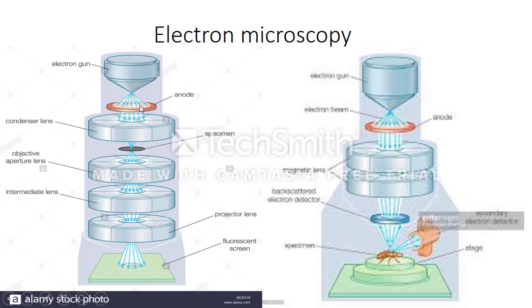The electrons are shot through a condenser lens and then an objective aperture lens, and it's shone through, and then the image can be better seen here at the bottom, and this is the detector here.